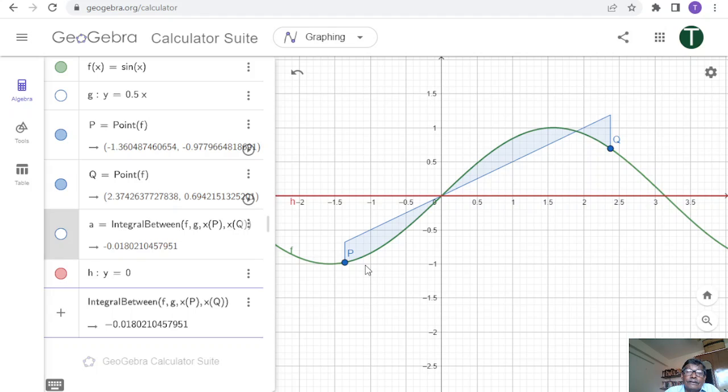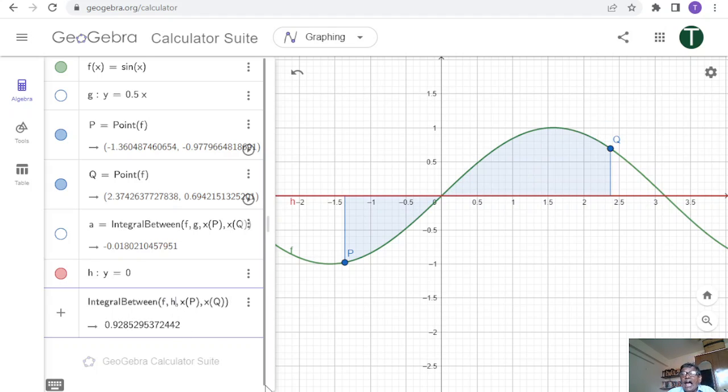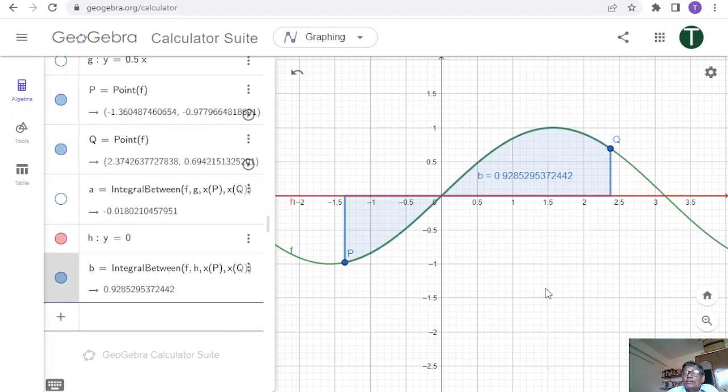and, not g, but what is this, h? You do it, and you see you get the net area here from P to Q. And note that I am doing f minus h.